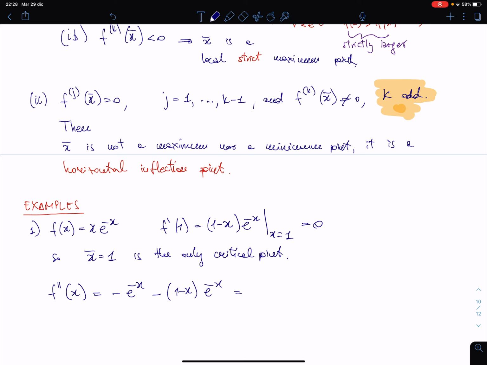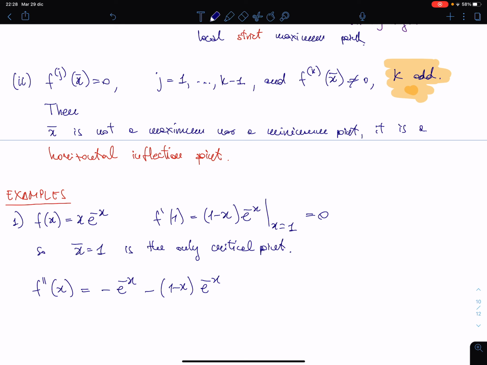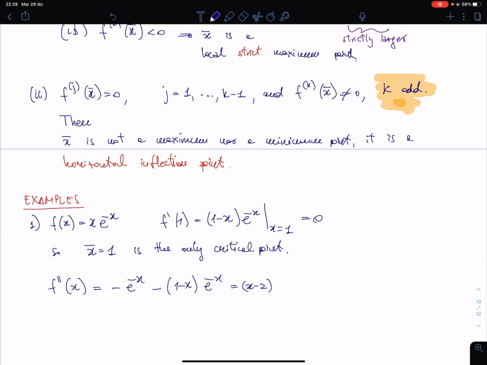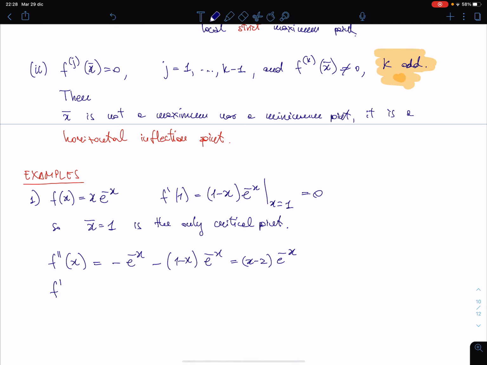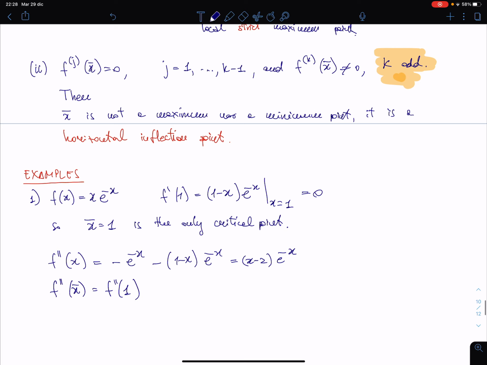So it is equal to (x minus 2) e to the minus x. So f second of 1 is equal to minus 1 over e, which is smaller than 0.